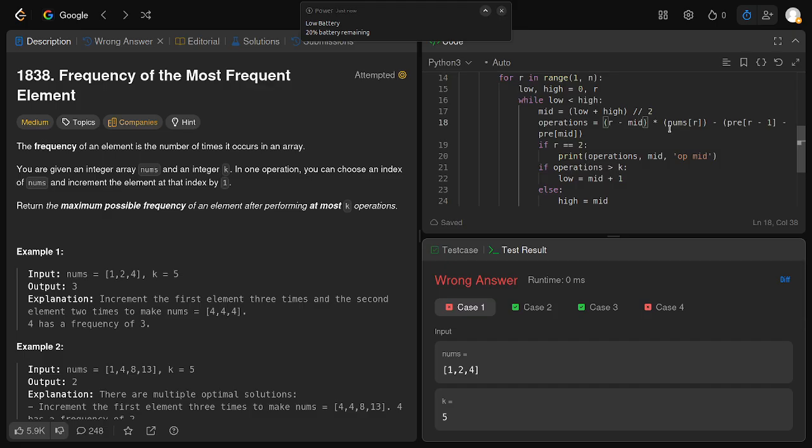Because it's like, what the hell? R minus mid, nums[R], prefix[R minus 1], prefix of mid.